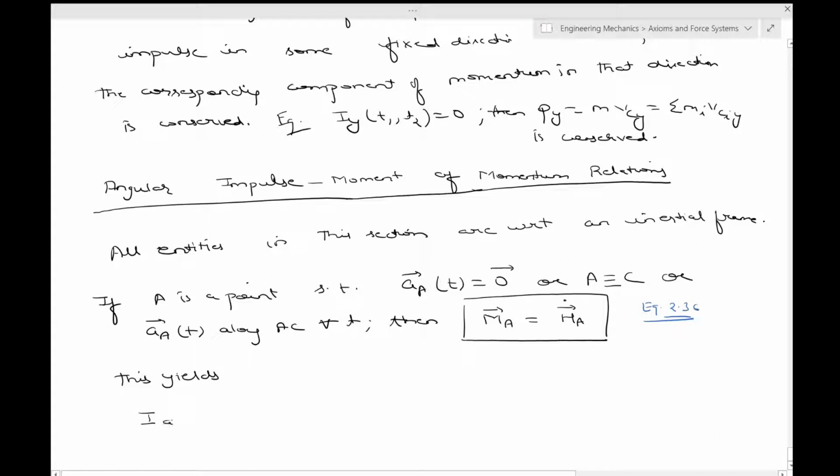So let me say I angular A between t1 and t2 is equal to the integral from t1 to t2 of dH_A.